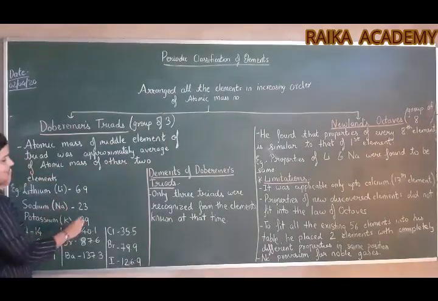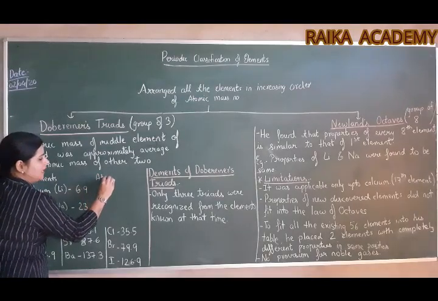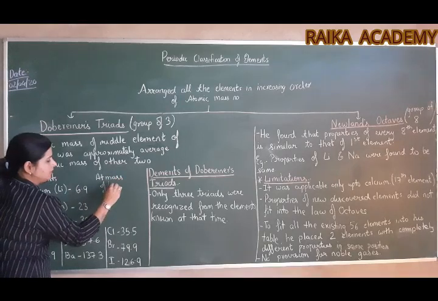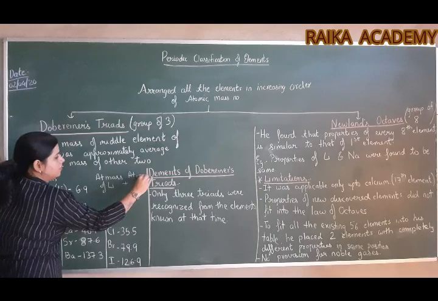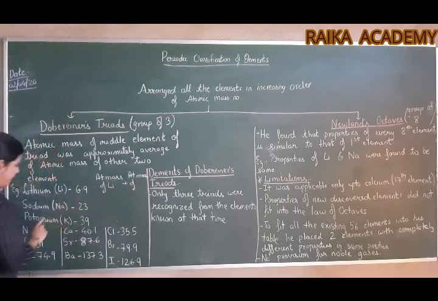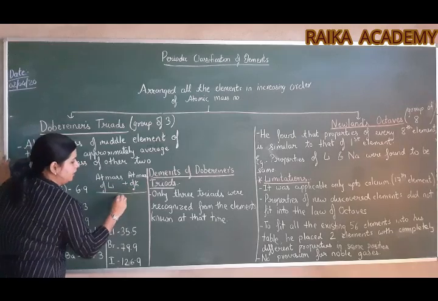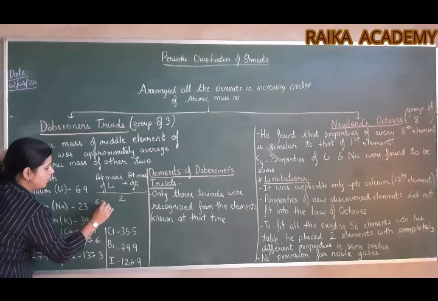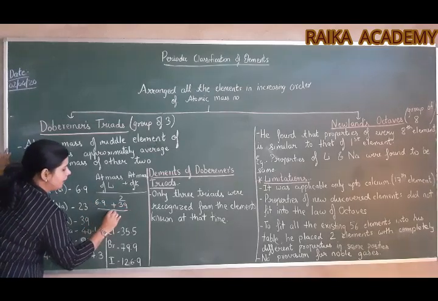For example, if I take this, you can write it as atomic mass of lithium plus atomic mass of the third element, which is potassium, divided by 2. If I solve this, it is going to be 6.9 plus 39 divided by 2.